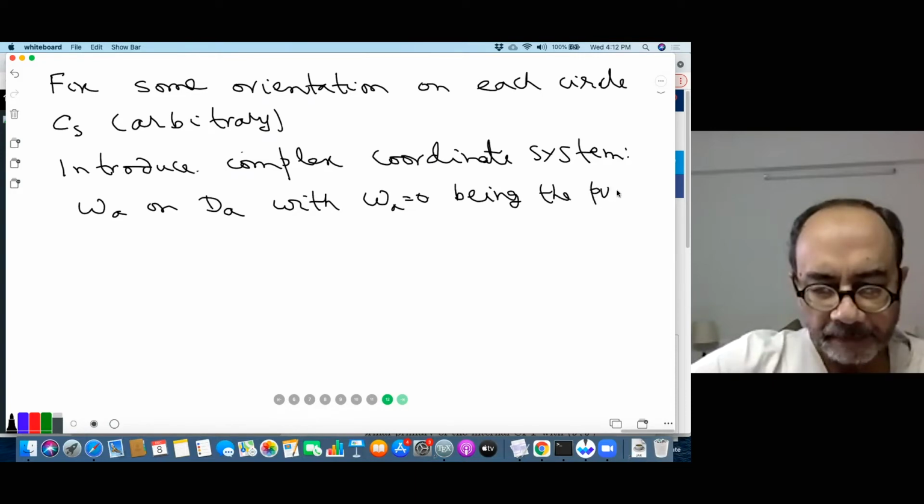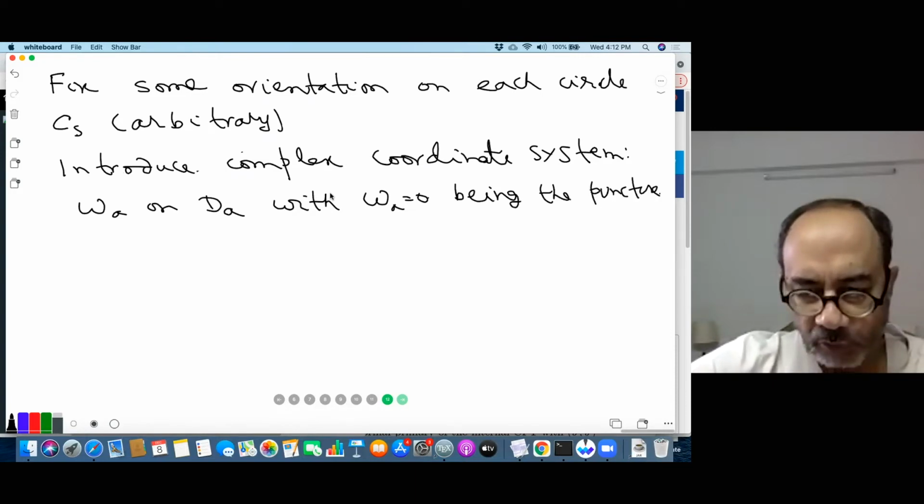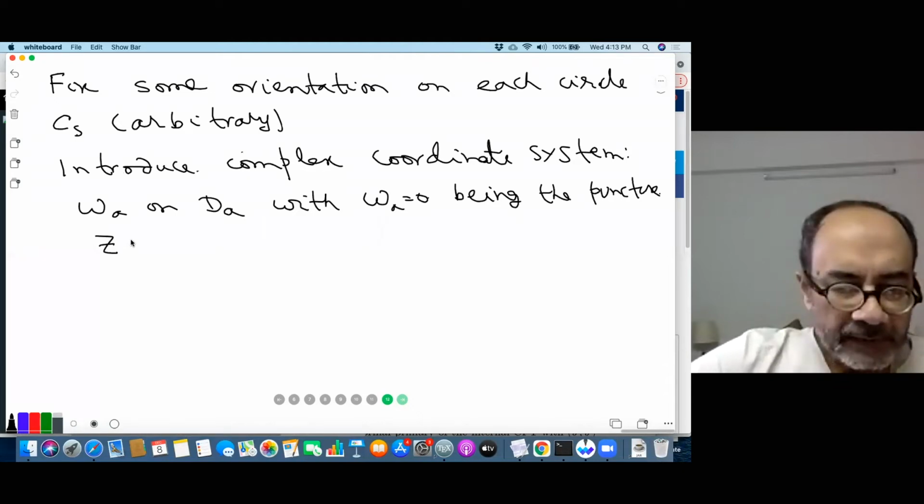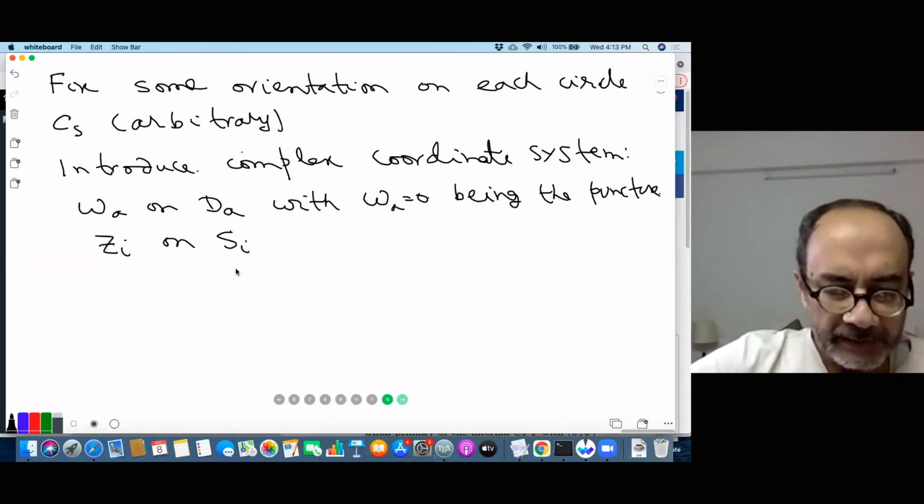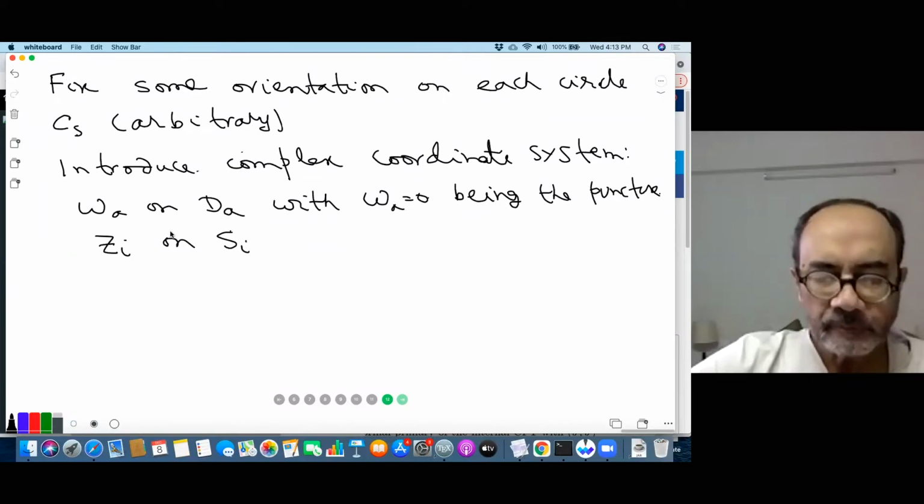That's the way we'll choose our coordinate system. Otherwise, we leave it arbitrary. And Zi on Si. On each sphere you can choose a complex coordinate Zi, some arbitrary coordinates.